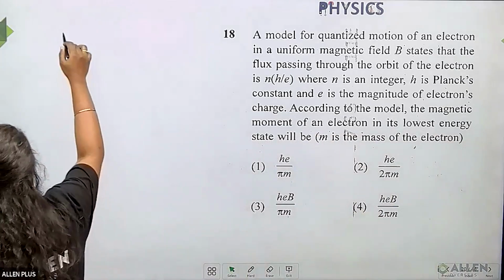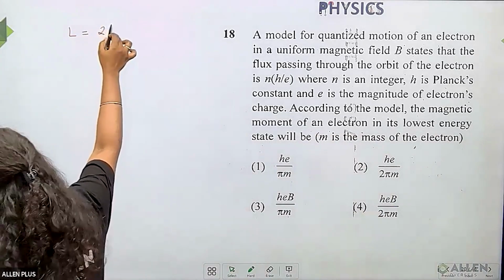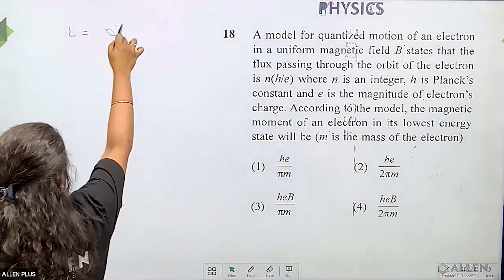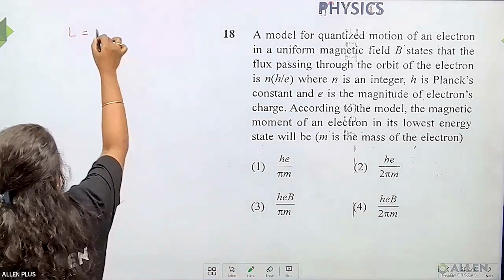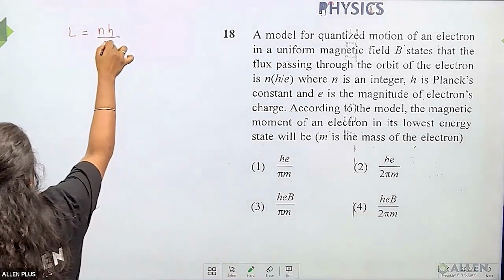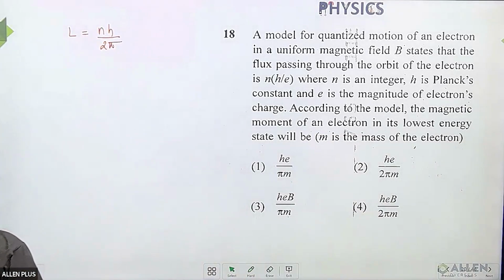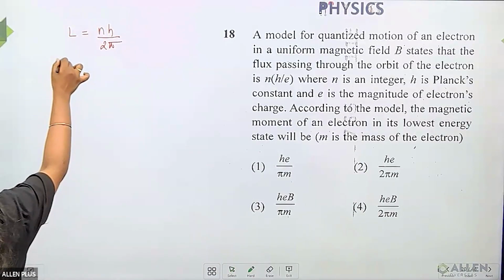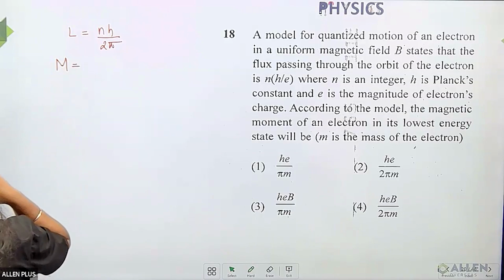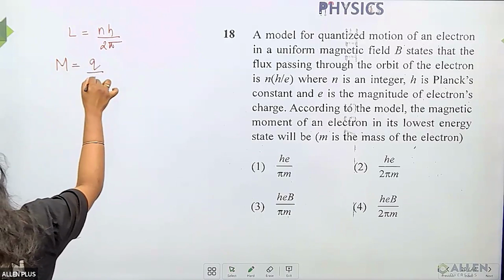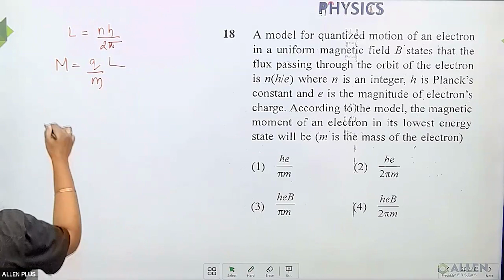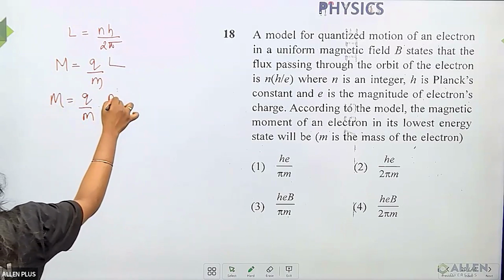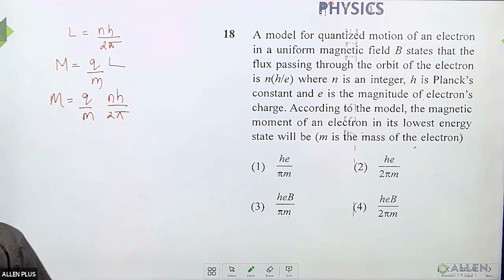Okay, so we know L is equal to quantization of angular momentum, n times h by 2 pi, nh by 2 pi. Also, we know that the magnetic moment is given by q by m into angular momentum, or I can say the magnetic moment is equal to q by m into nh by 2 pi.